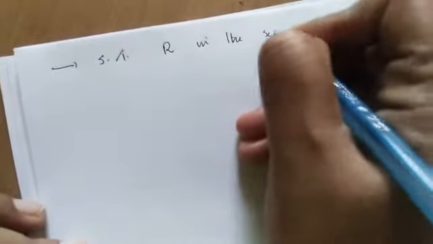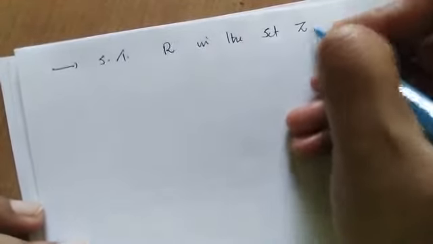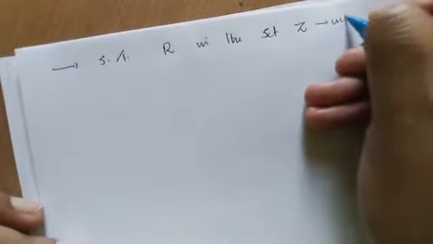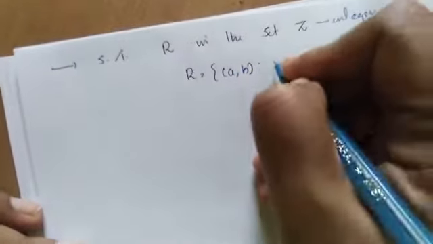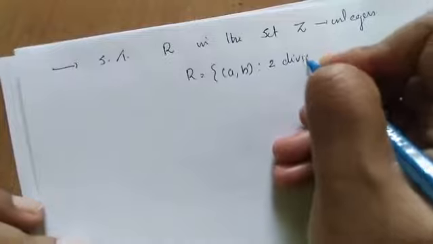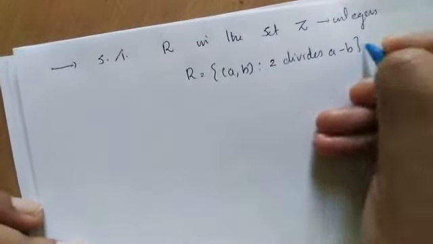Show that the relation R in the set Z of integers, given by R = {(a, b): 2 divides a minus b}, is an equivalence relation.